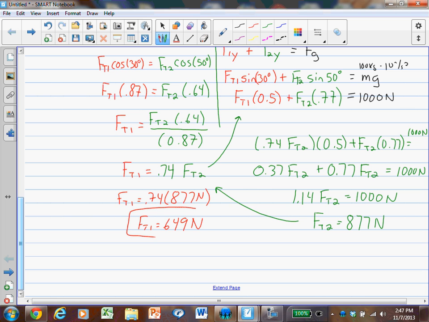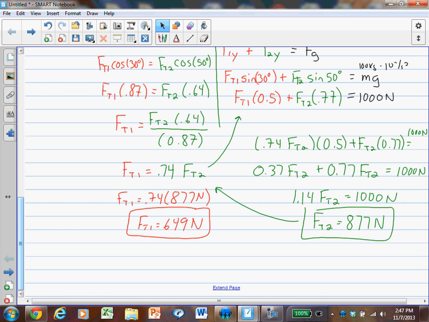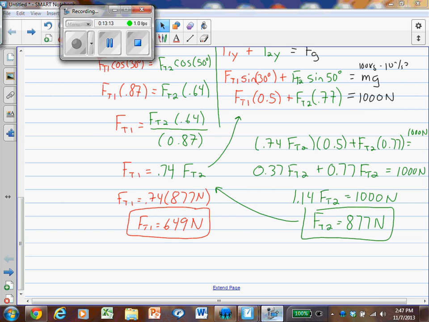So you have the tensions in the two ropes for the sign. So that's kind of a challenge, really. We'll have to look at a number of examples, and we'll practice those in class to get better and better with it.